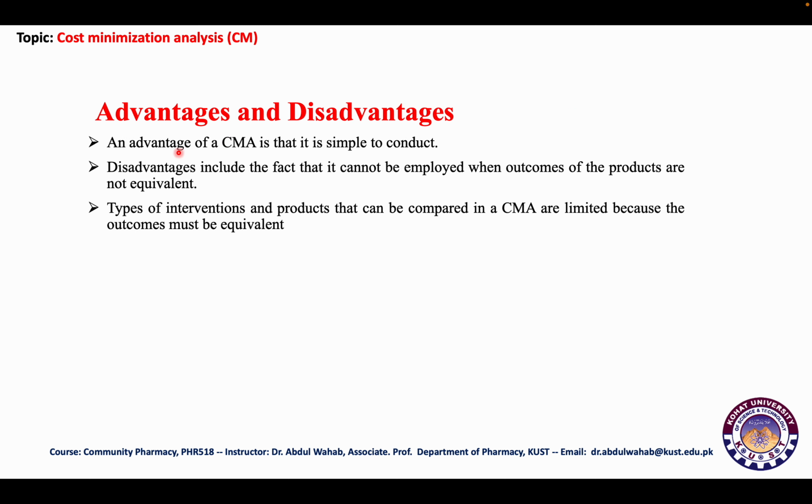Advantages and disadvantages: an advantage of cost minimization is that it is simple to conduct, and disadvantages include the fact that it can't be employed when outcomes of the products are not equivalent. The types of interventions and products that can be compared in cost minimization are limited because the outcome must be equivalent.